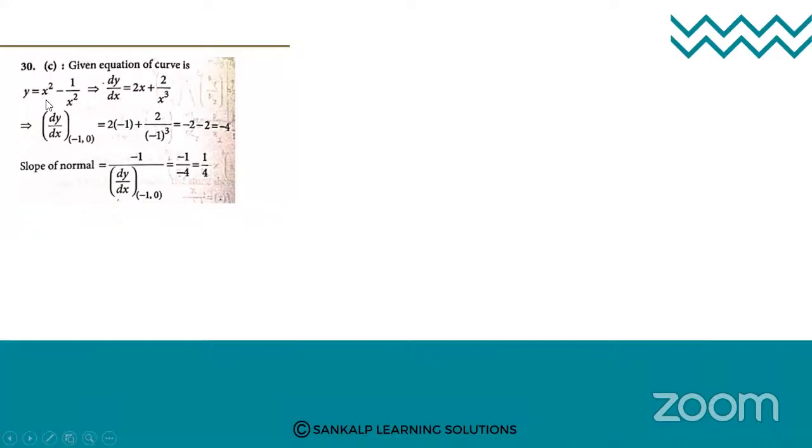So y is equal to x square minus 1 upon x square. The derivative we need to take, and then find out dy by dx at minus 1 comma 0, which is minus 4. But for tangent and normal, the condition is what? Slope of tangent is minus 1 upon slope of normal. So you have to make use of this condition and reverse it.